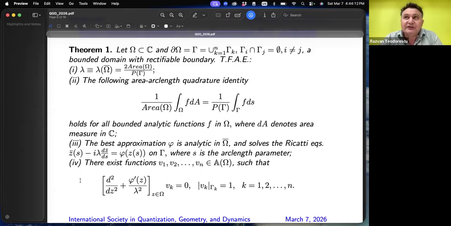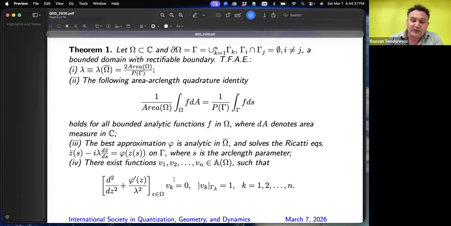The Riccati equation can be understood as a compatibility condition for a first order vector ODE. This is the second order complex scalar ODE that is equivalent to that linear first order vector ODE.